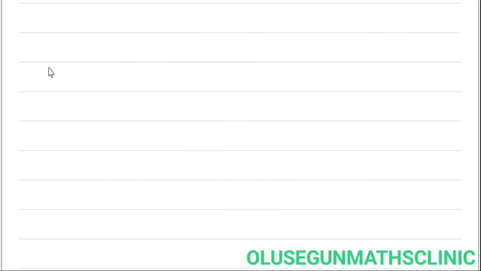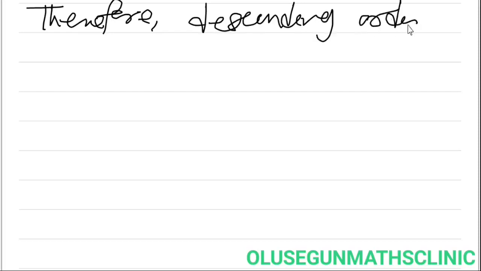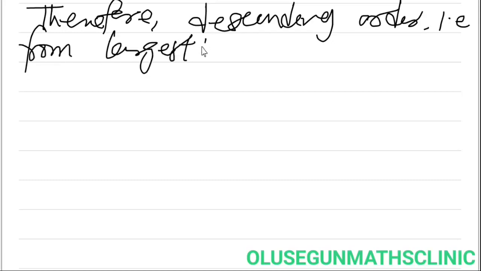So, we have 28 over 60. Now, therefore, descending order from largest to smallest.